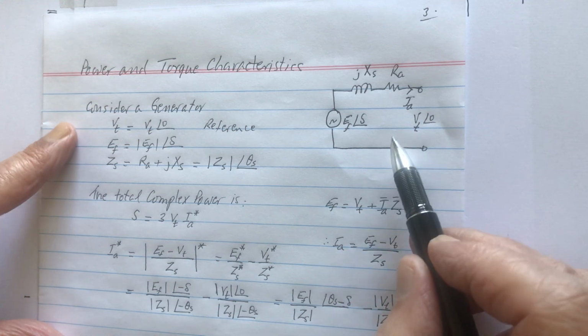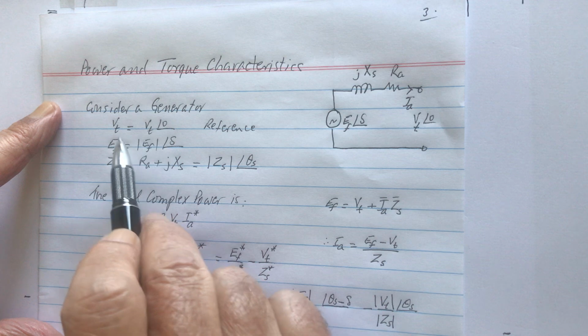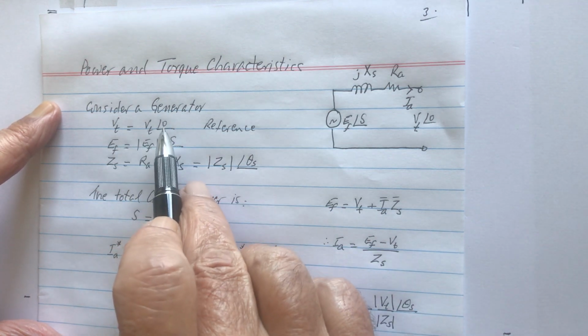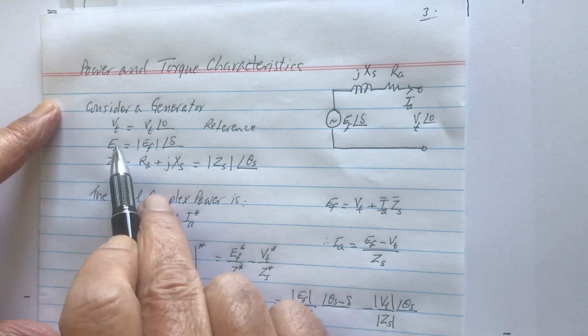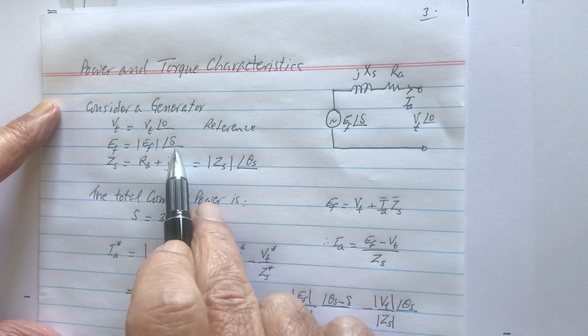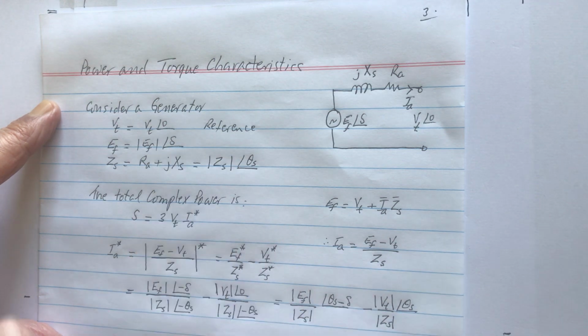Now, define these parameters. VT is always a reference, so the angle for VT is 0. EF equals the magnitude of EF, and the angle delta is positive because we have a generator.